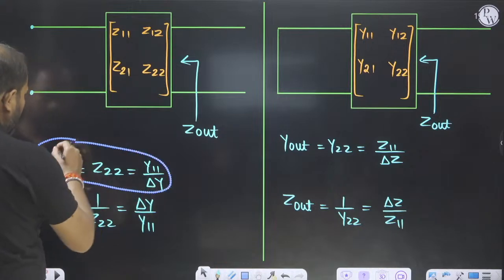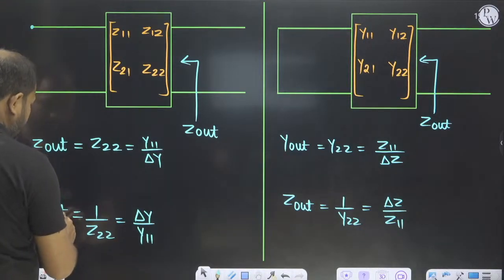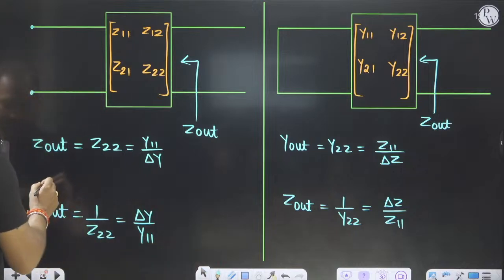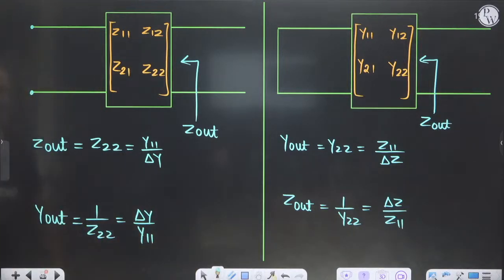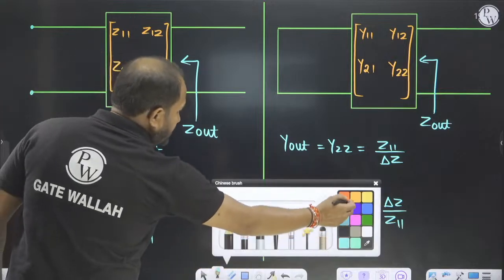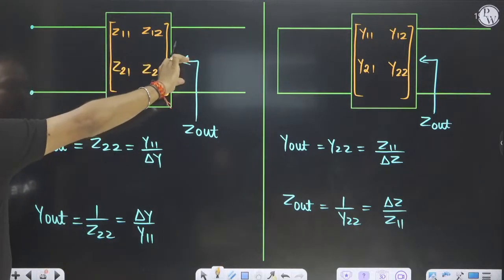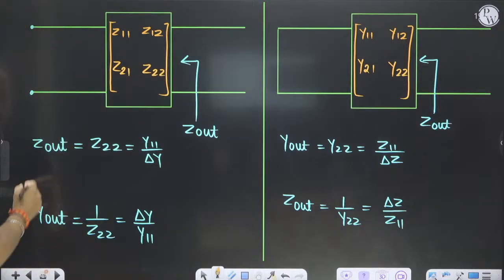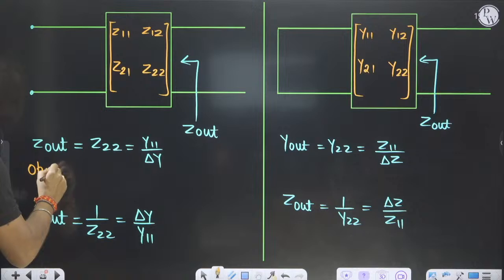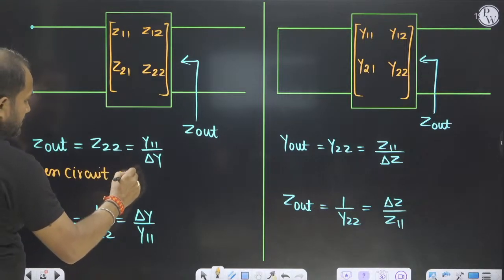Then I will tell you what is the meaning of here Z out, what is the meaning of here Y out. You have to understand. If you understand, then there is no problem with that. First of all, naming is important. Here output impedance, open circuit, so it is known as open circuit output impedance.